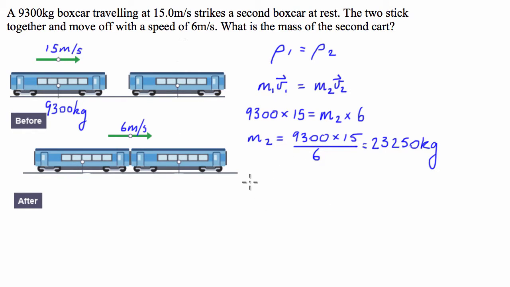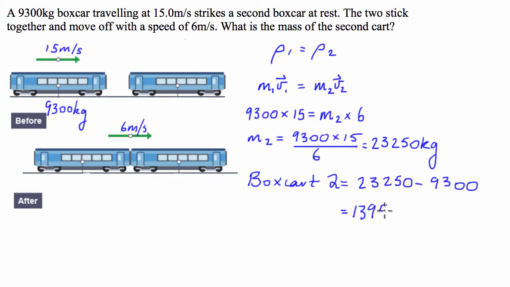So again, a bit of common sense: boxcar 2 will equal that total minus the weight of boxcar 1, which ends up being 13,950 kilos. And that is our final answer.